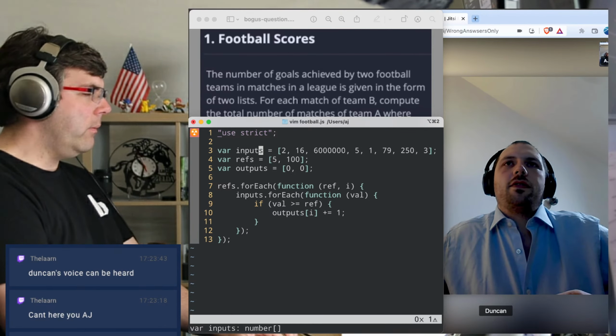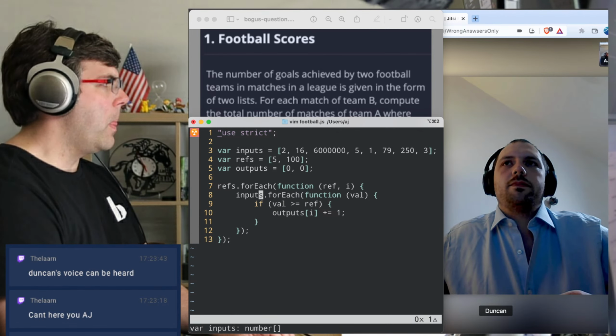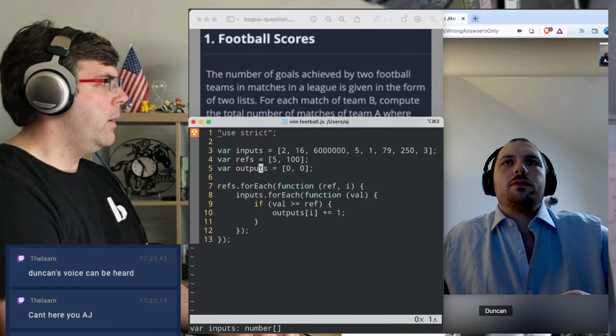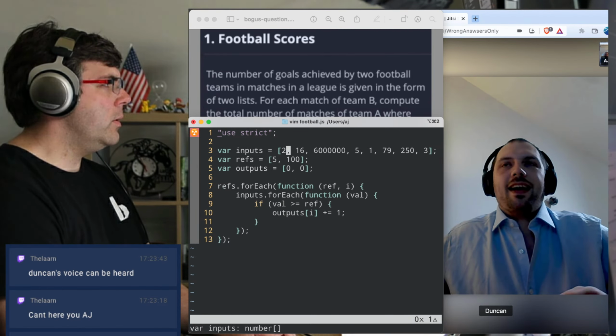Yeah, for 100,000 inputs or 10,000 on each side, it takes 70 seconds to resolve on my reasonably competent computer.